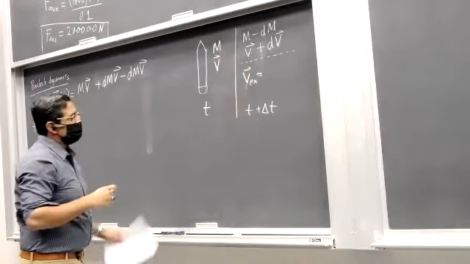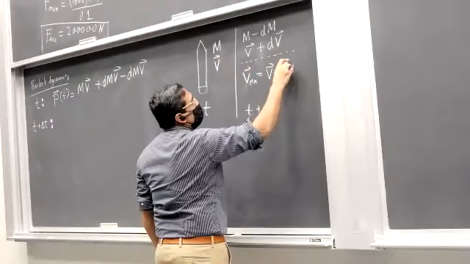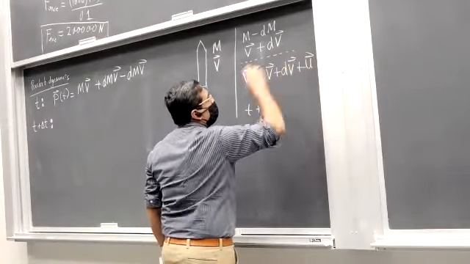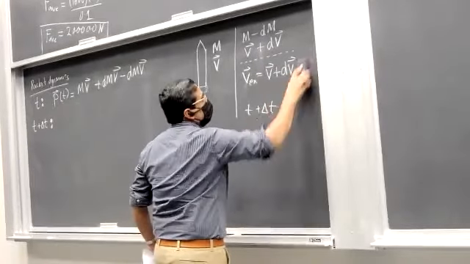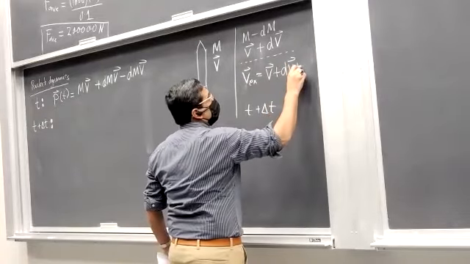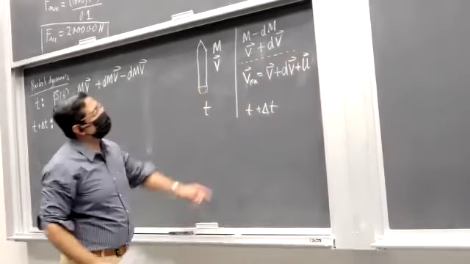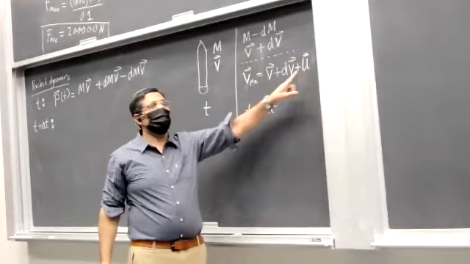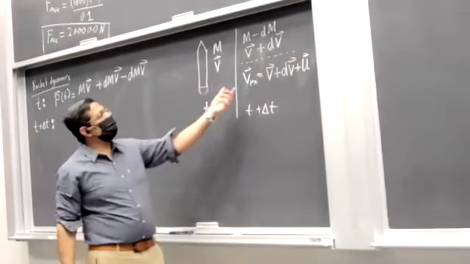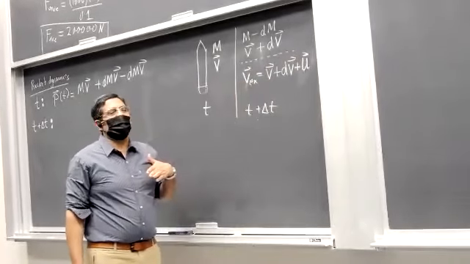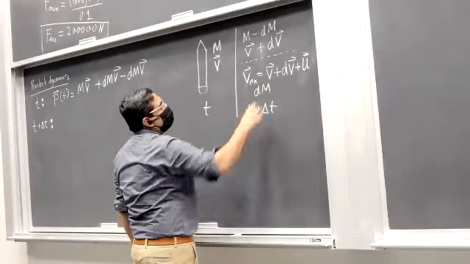For an observer on the ground, it would be V plus dV plus U, where U is the relative speed of the exhaust with respect to the rocket. So this would be the V exhaust for an observer on the ground. And the mass of the exhaust is dm.